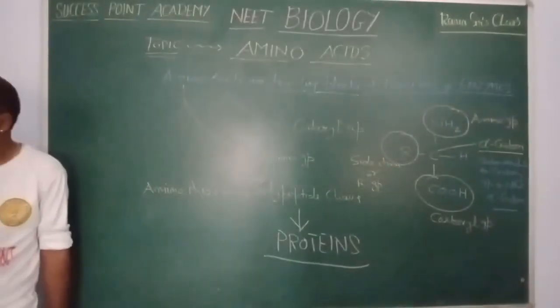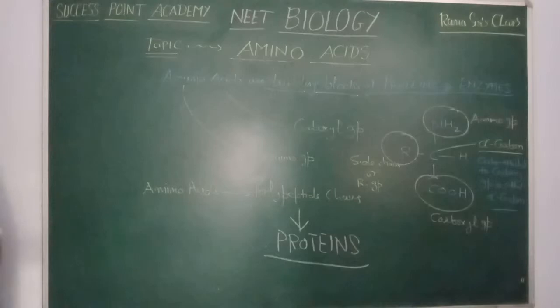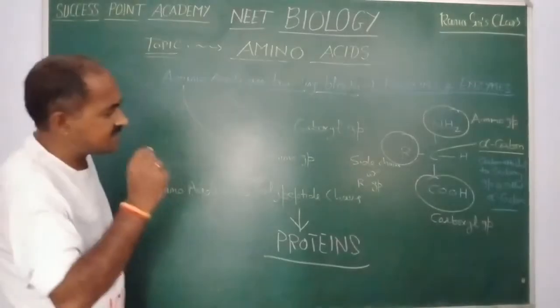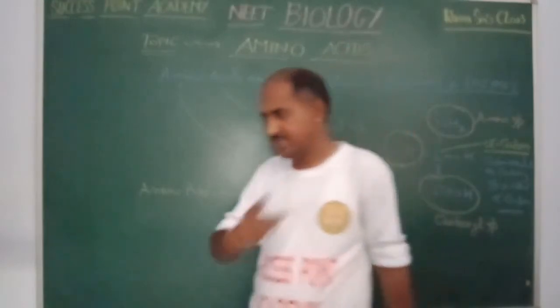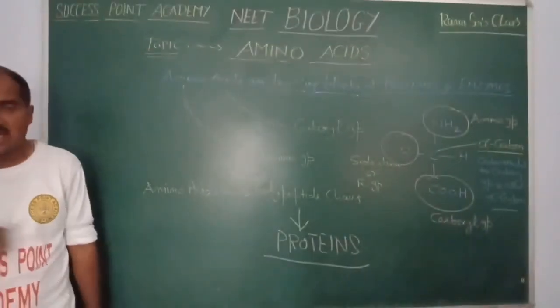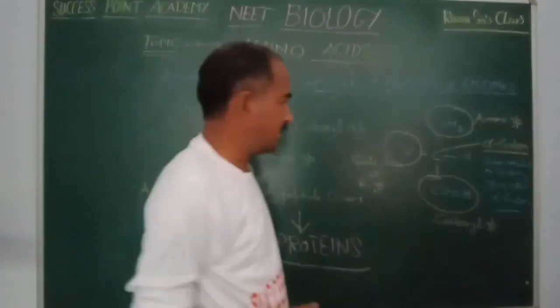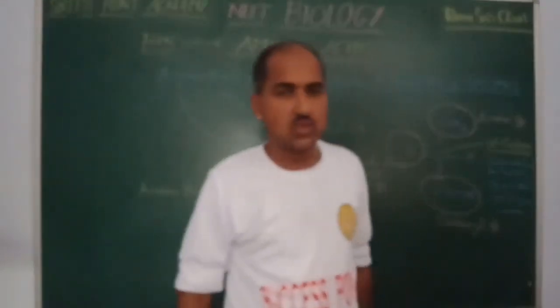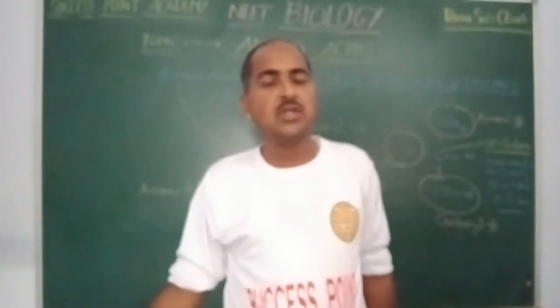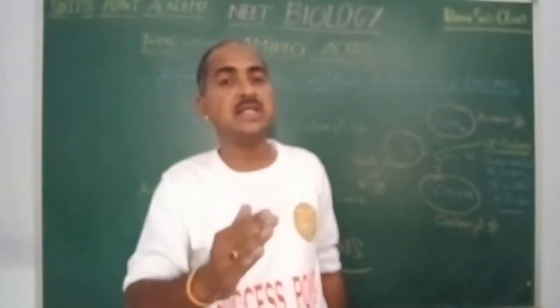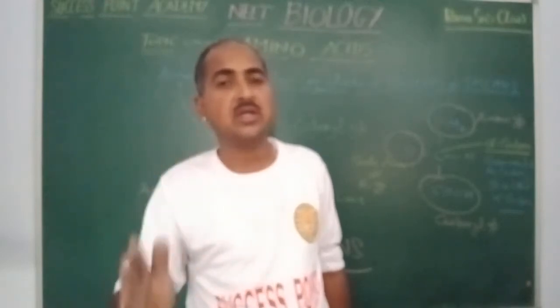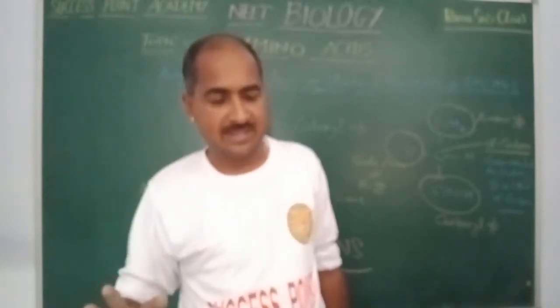Guess. They are selenocysteine and pyrrolysine. So if we include these two, then in total there are 22 genetically encoded amino acids.